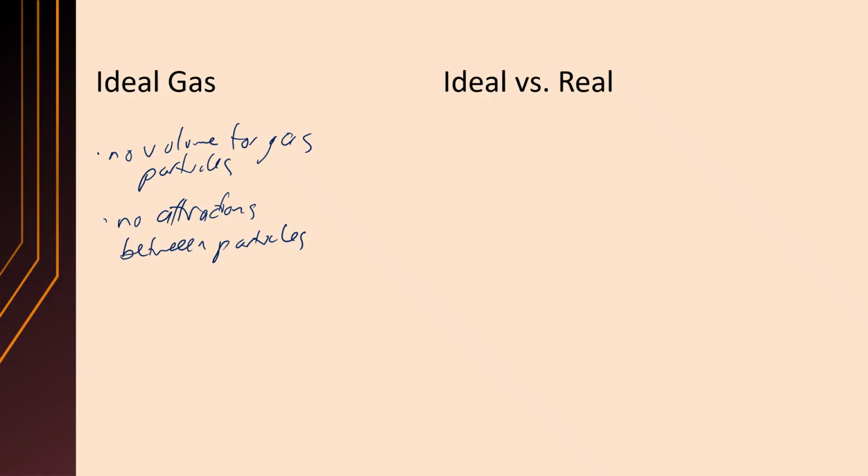So what we can do to get to a situation where a real gas is going to behave more like an ideal gas: if they're really tiny gases like helium gas or hydrogen gas, very small ones are going to behave more ideally. And also gases that have minimal attractions. Minimal.